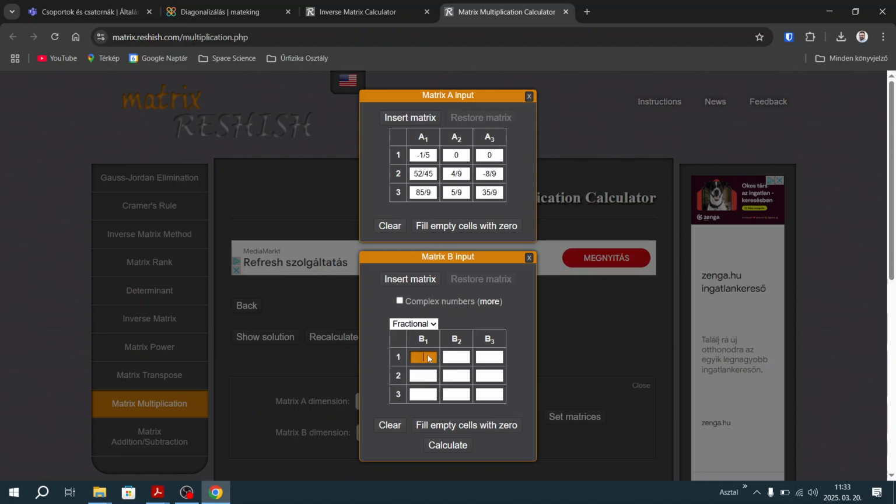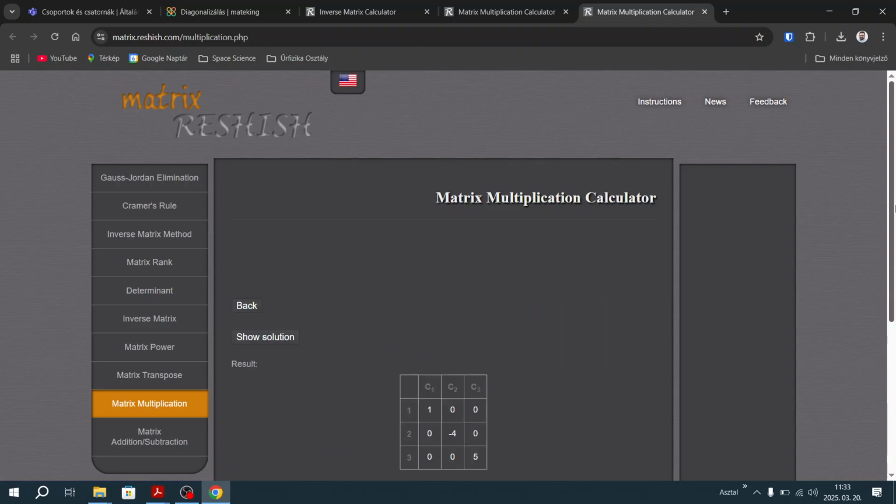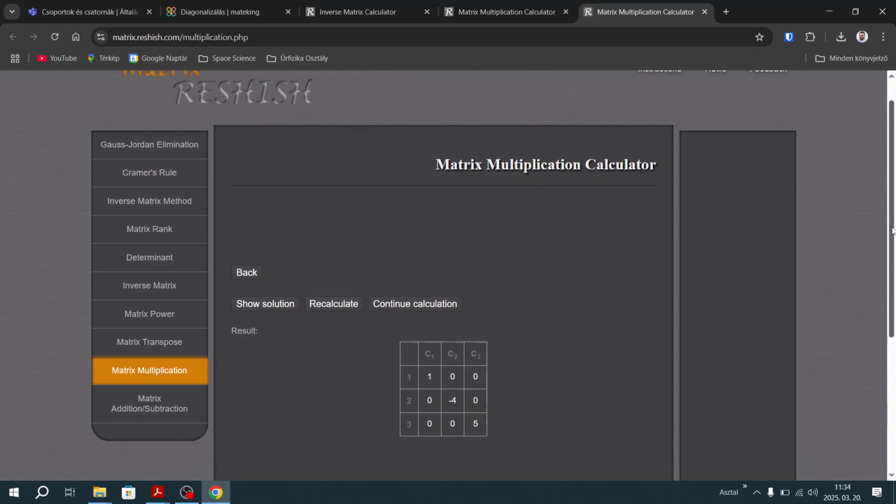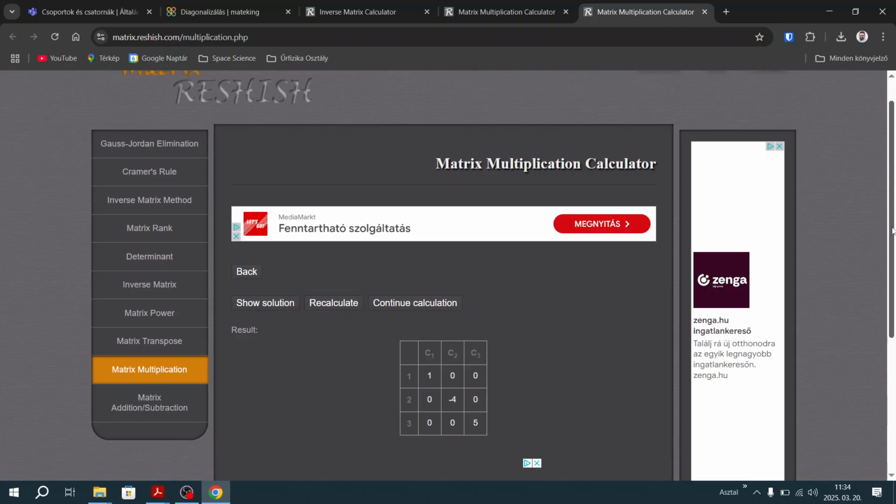Okay, and this is the original, that's minus 5, then 0, then 0. Okay, then 29, yes, minus 7, 2, 8, 1, 1. Okay, so calculate. Yes! And we have the diagonal form. And that's it.